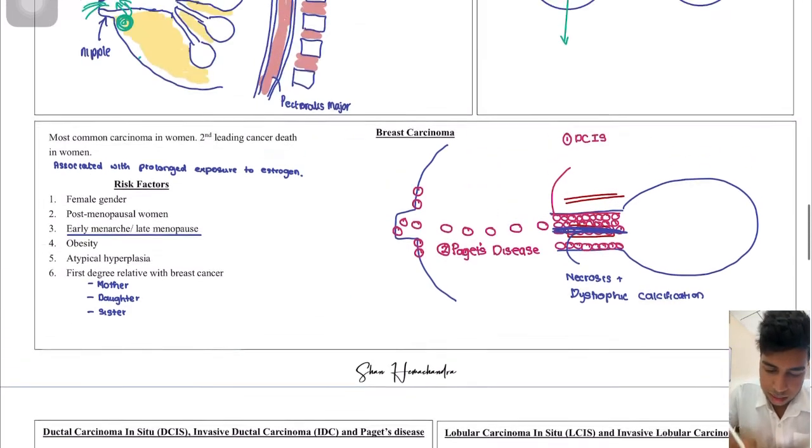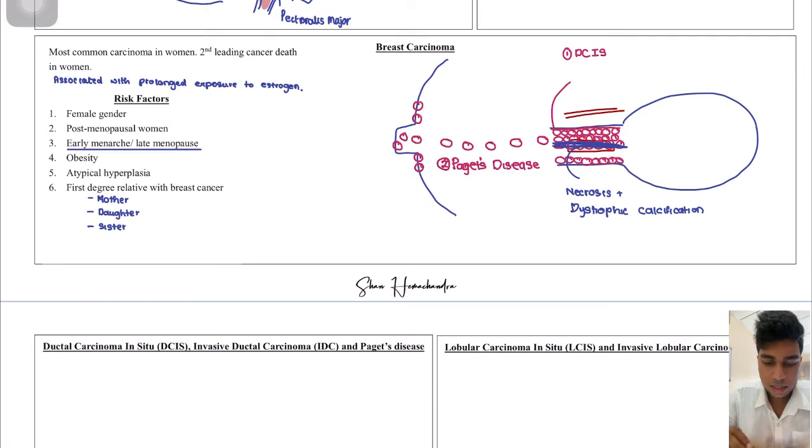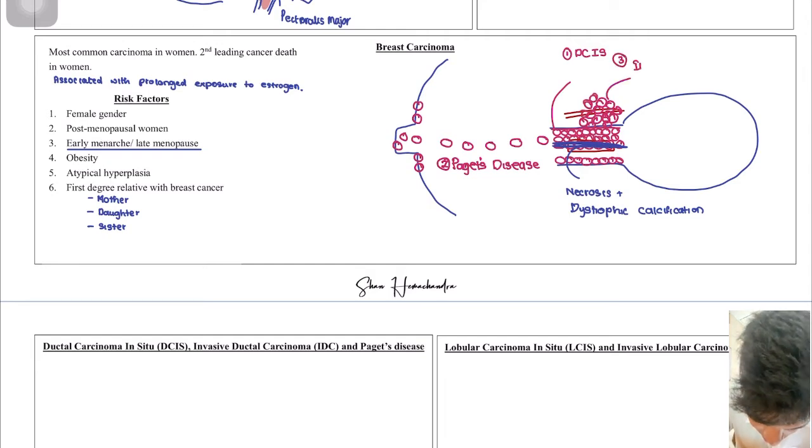Okay, this is a complication of DCIS, ductal carcinoma in situ. Next, the carcinoma can invade. Okay, this is called invasive ductal carcinoma.